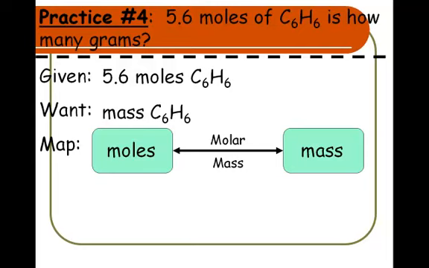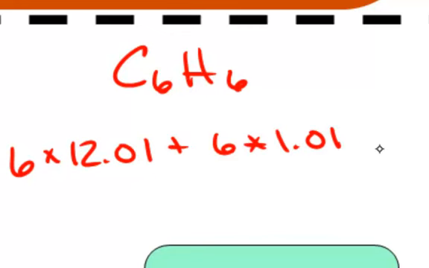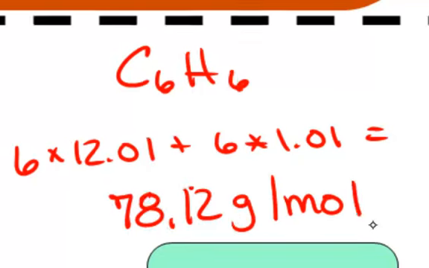What's the molar mass of C6H6? Well, we have 6 atoms of carbon and 6 atoms of hydrogen. So 6 times 12.01 plus 6 times 1.01 gives us a molar mass of 78.12 grams per mole.